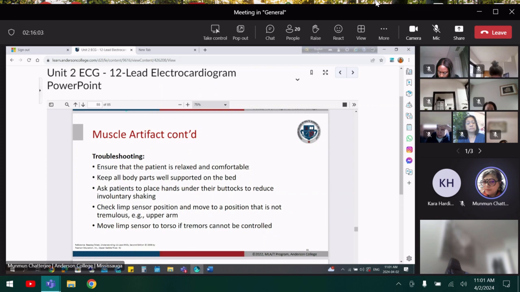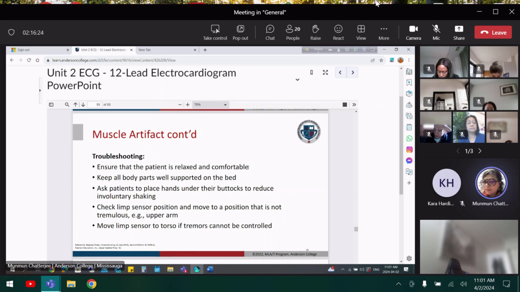Like Parkinson's patients, you cannot control it, right? They are going to move. But if you put the patient's hands under their buttocks, there will be less shaking, so you are not going to get that much artifact. If the patient has chills, just cover them up.